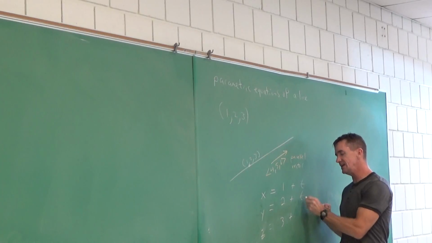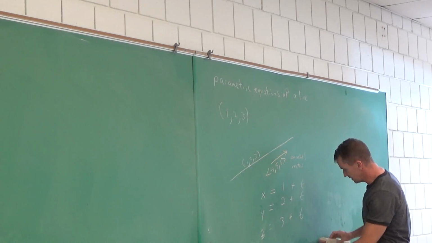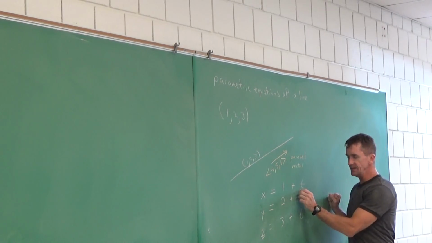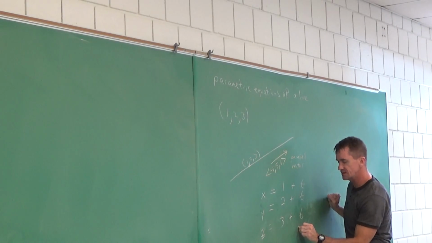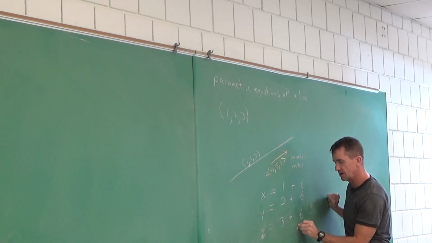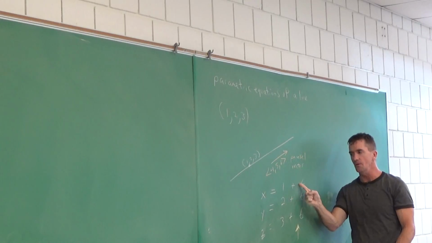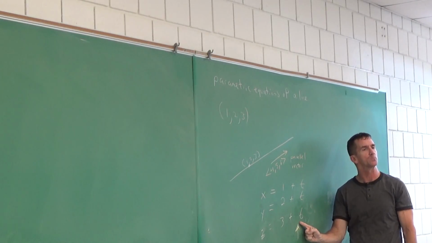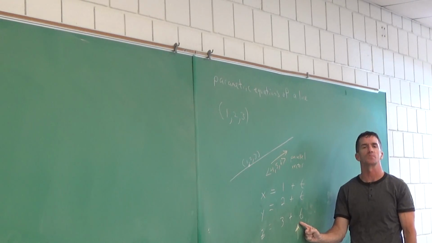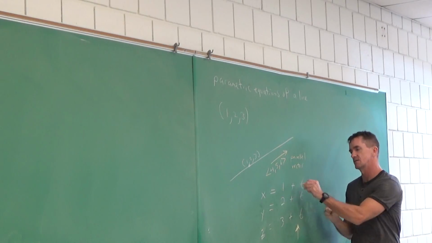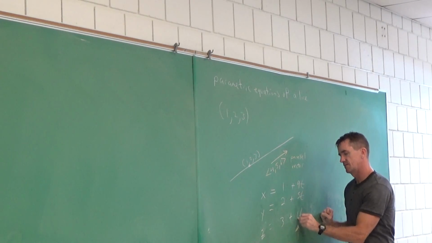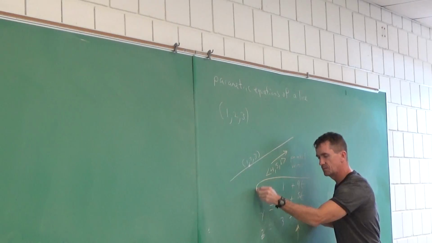Put a t and a t and a t, and leave some space in front of these t's. The coefficients of these t's must be your parallel vector. So what goes here? 4, 5, 6. There's the answer. You can put a box around it.